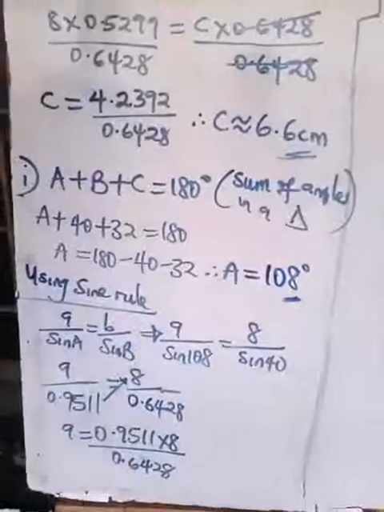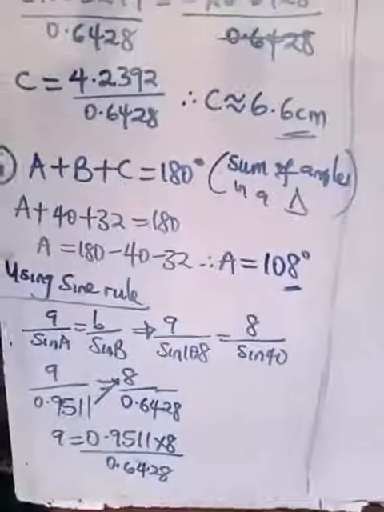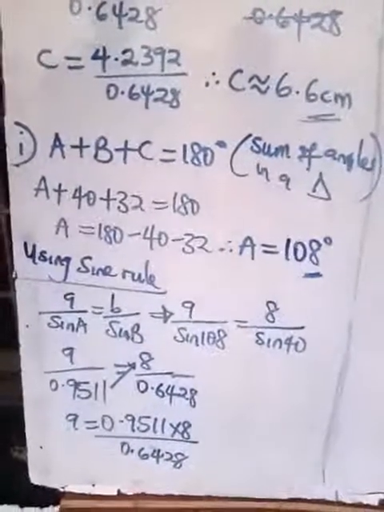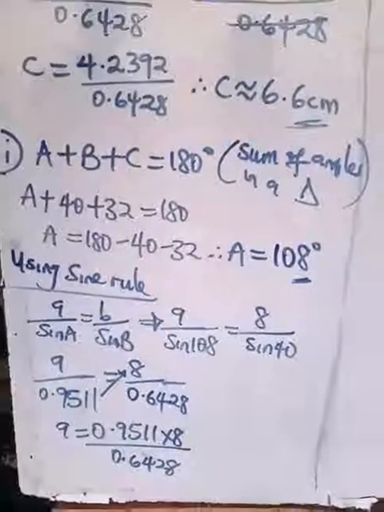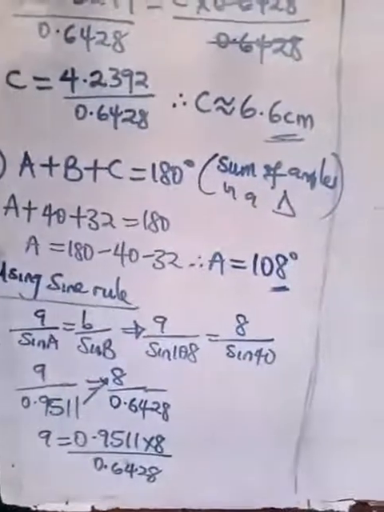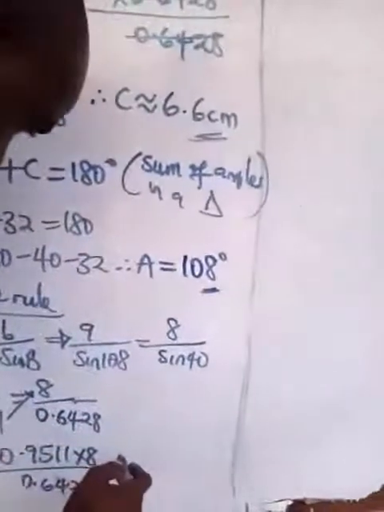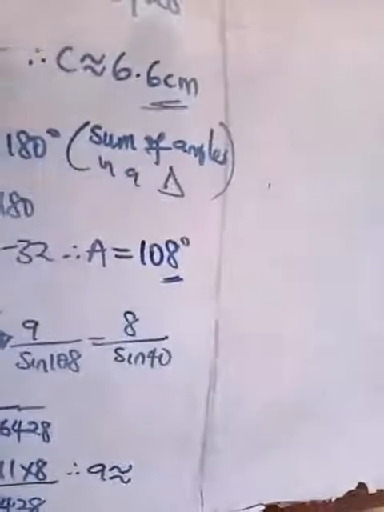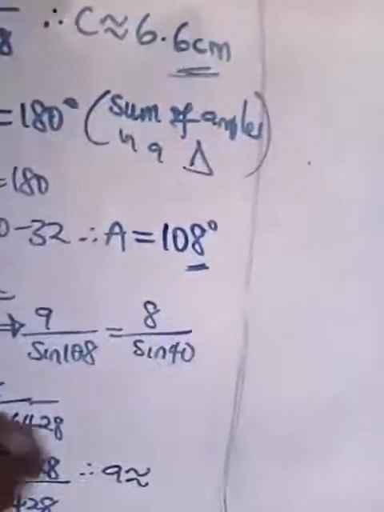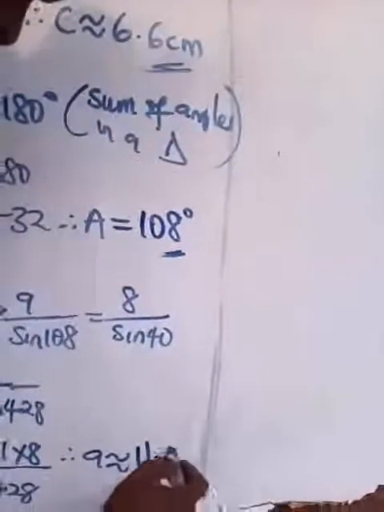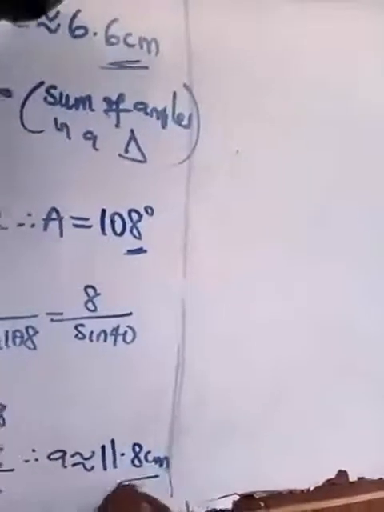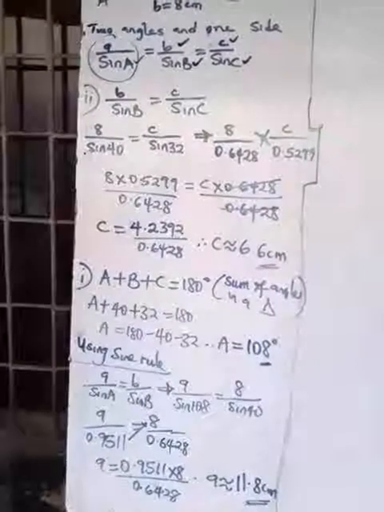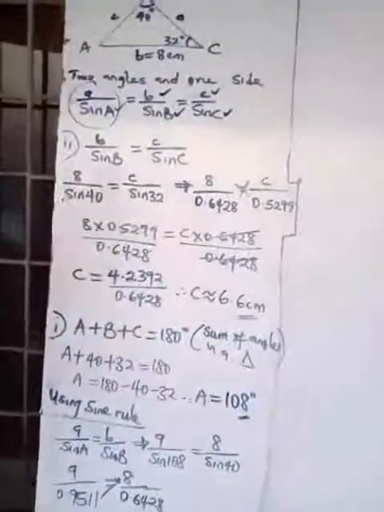If we divide, 0.9511 times 8, everything divided by 0.6428, A is approximately, we leave the answer to 1 decimal place, approximately 11.8 centimeter. So we found side A and we found side C.